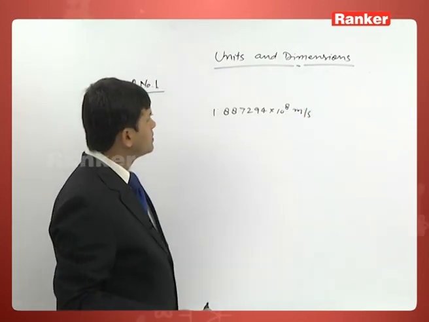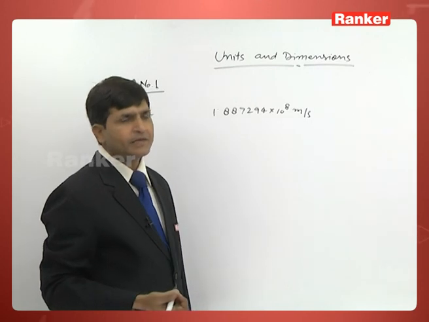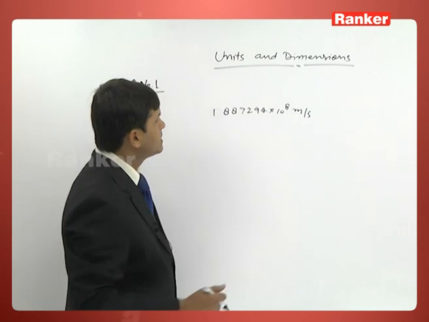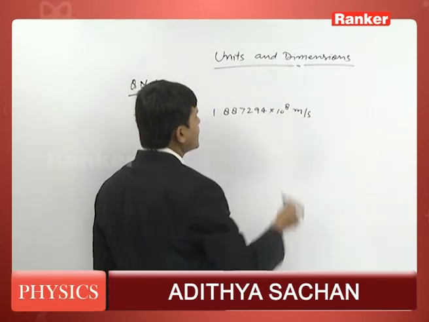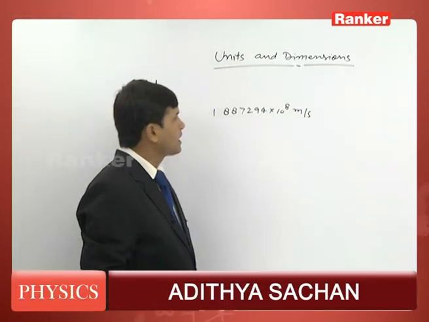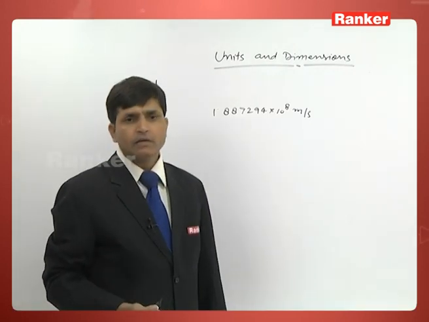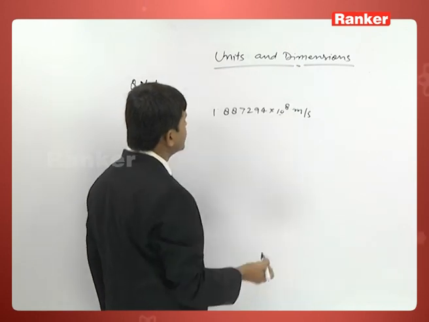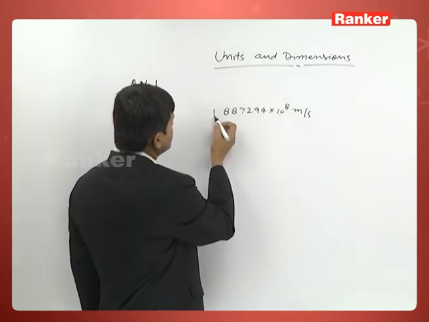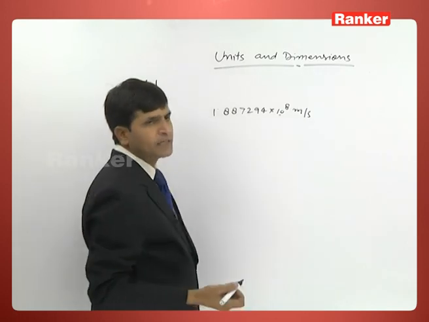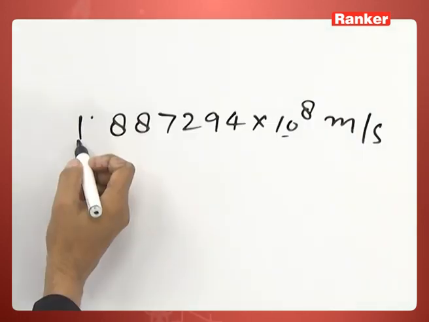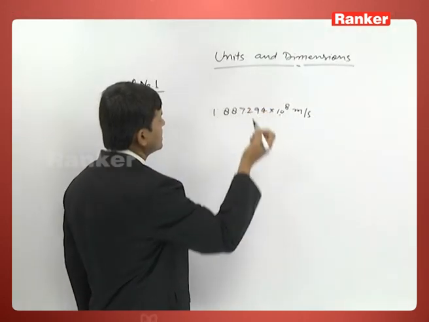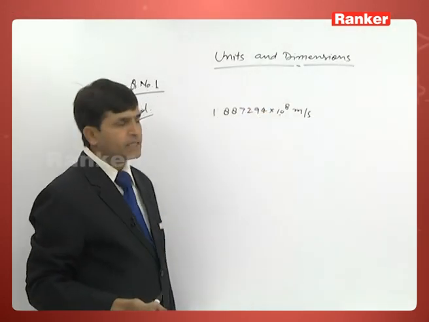So as we know, when we are calculating the significant figure, any power raised over 10 is not taken as a significant figure, and all the non-zero digits are significant. So this is not counted as significant. All other numbers are significant figures here. The total numbers are 1, 2, 3, 4, 5, 6, 7. The total significant figures are 7.